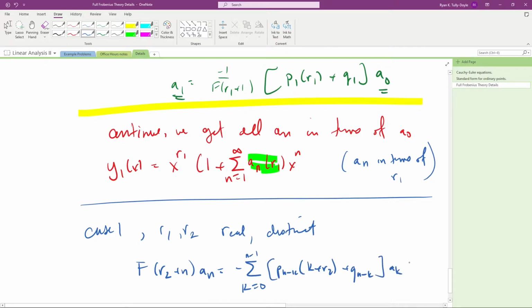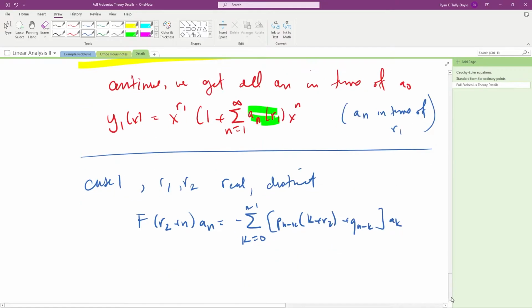So the reason that we can't use this again if we have two copies of R1 is we don't get a second linearly independent solution. The problem is that if they're real and distinct, it's possible that I might hit an integer value. If R2 and R1 differ by an integer and I start adding integers to R2, I might actually hit R1 on the way somewhere. And then I'm just going to be right back where I started, because that will mean that f of R1 plus n is equal to 0.